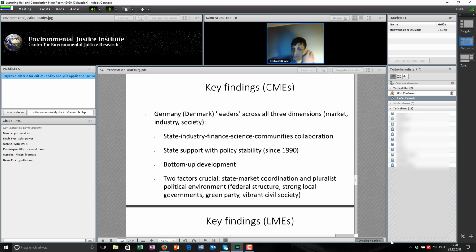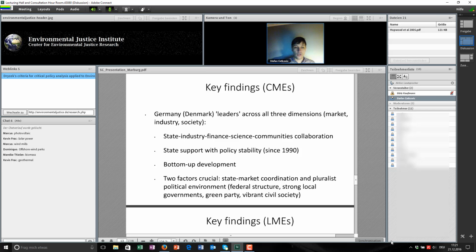So this is about coordinated market economies, showing that they are better equipped and that in practice they really are more advanced in promoting renewable energies in a balanced, sustainable manner.